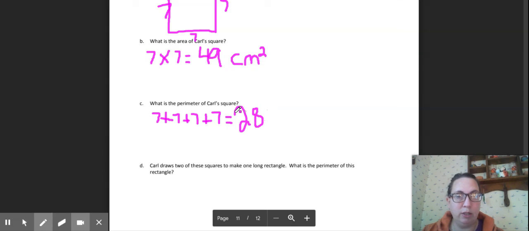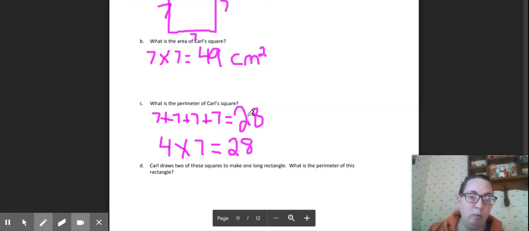There is another trick to do that. Since you have 4 sides that are the exact same, you could do 4 times 7, and 4 times 7, because I know my 7s, is also 28. These are just 2 different strategies. I always just add them when I do perimeter, because plus and perimeter.